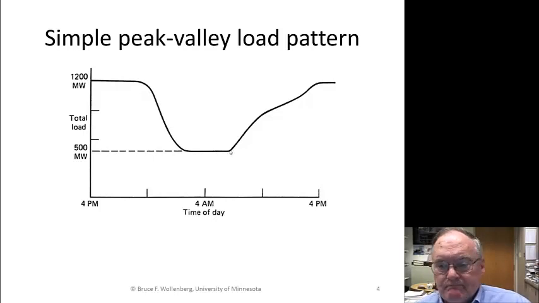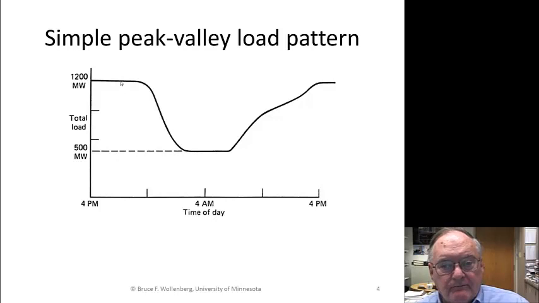In the morning, people come back, they start opening their businesses, the lights go on, they're cooking, whatever, and the load goes back up again. Okay, and we've got this over a 12-hour period here, and this is 500 megawatts right here, and this is 1200.